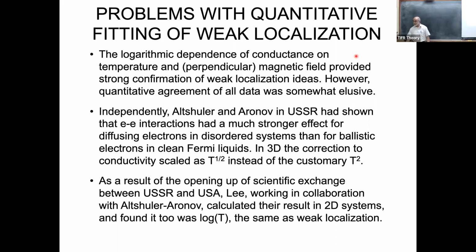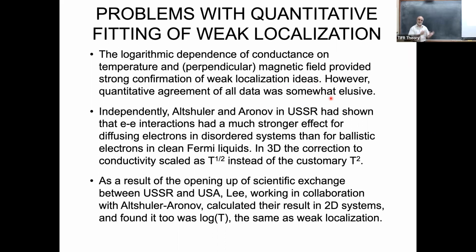All that was very strong confirmation of these weak localization ideas, the whole idea that quantum interference is important when you're studying transport in disordered systems. But if you try to fit the data just assuming that the electrons don't interact with each other, it doesn't quite gel together. The quantitative fitting is not there.